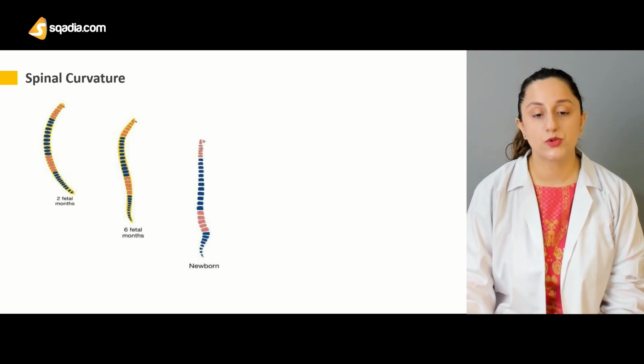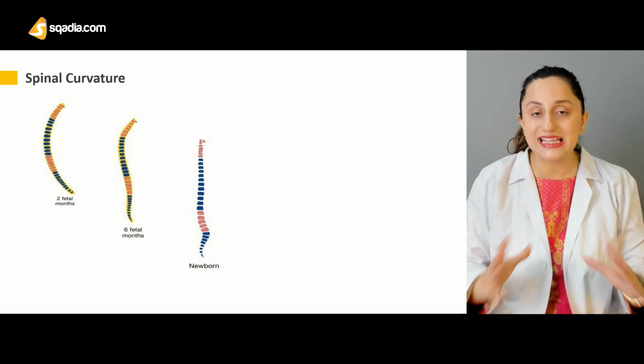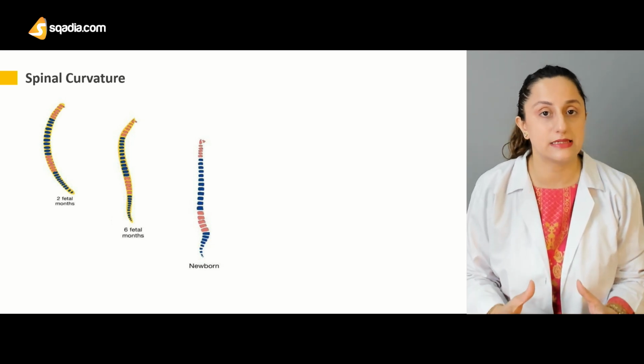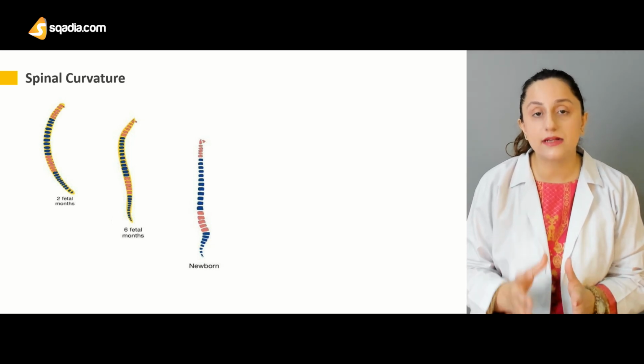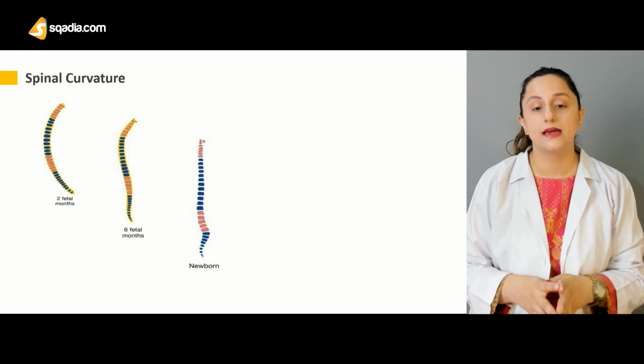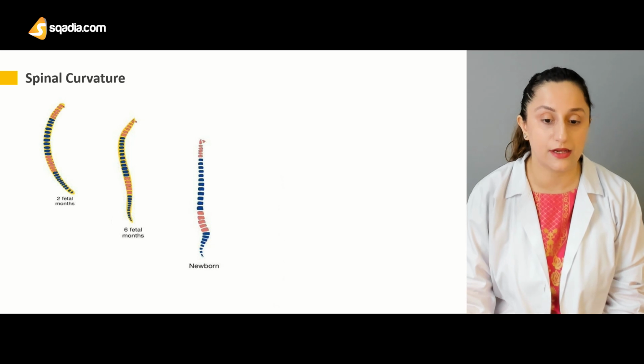Then in a newborn, the straightening of the spine is noted down. So the complete evolution hasn't taken place, and we cannot see the cervical lordosis and the thoracic kyphosis, which are absent in a newborn.